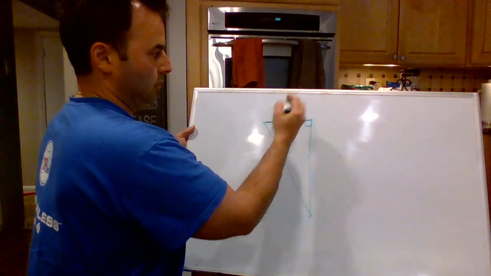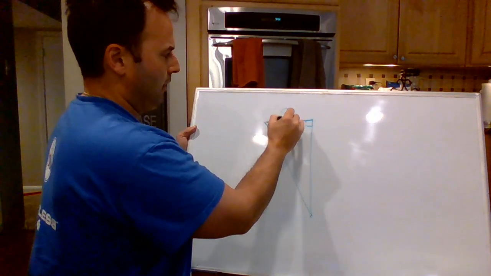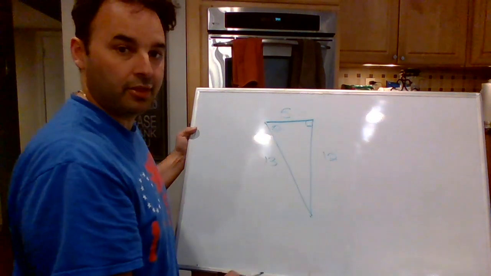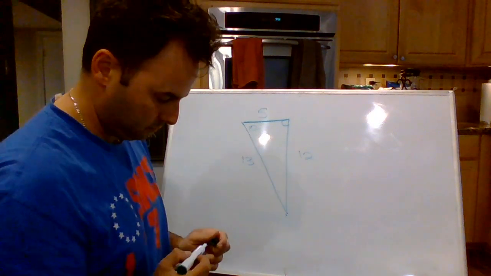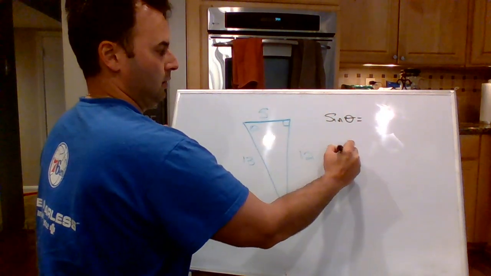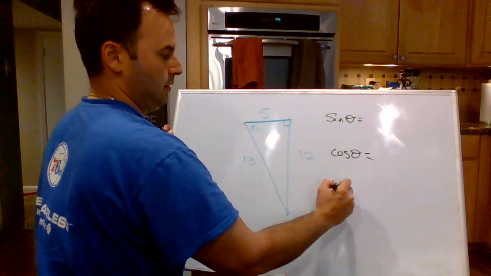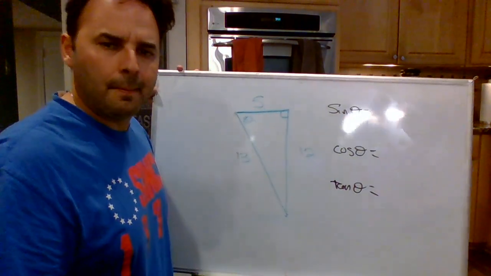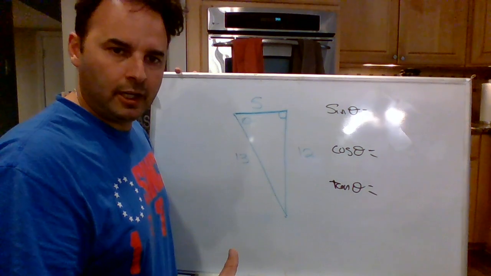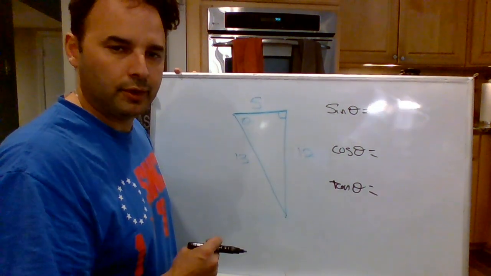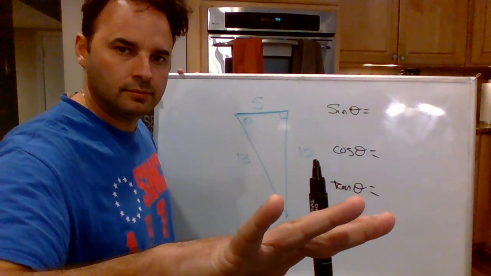Let's give it numbers. 5, 12, 13, and this will be theta. And find the sine of theta, cosine of theta, tangent of theta. Take a second, pause the video, complete it, come back, and I'll have the answers for you. Pause.